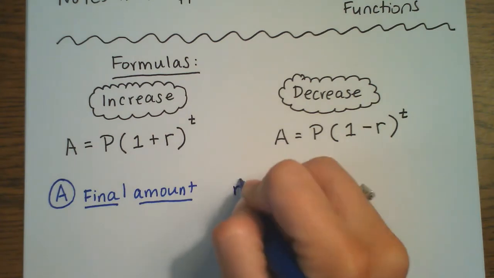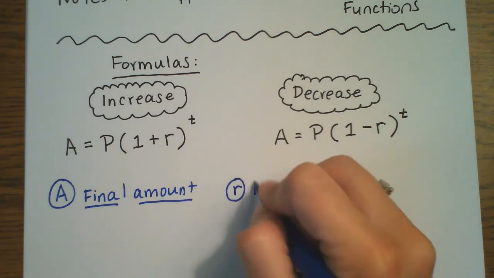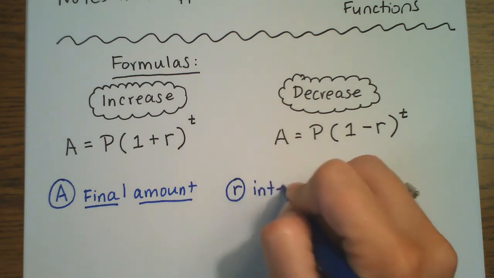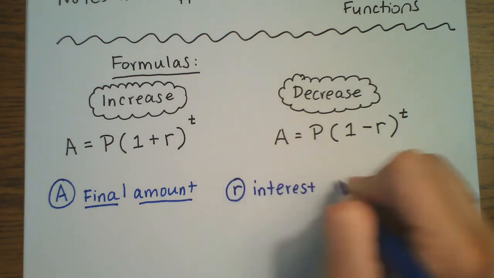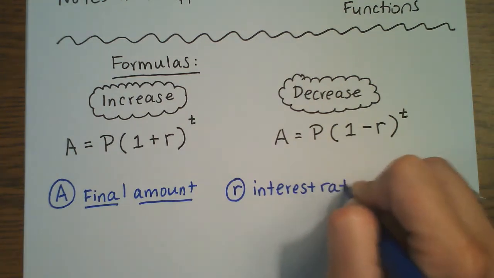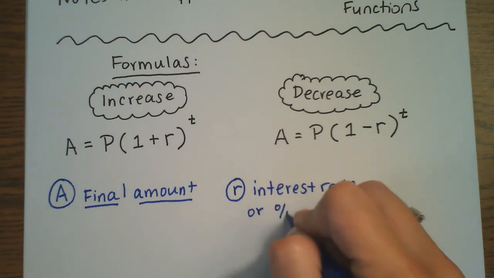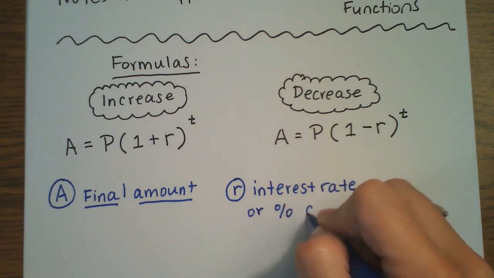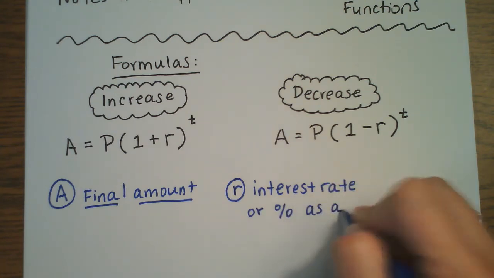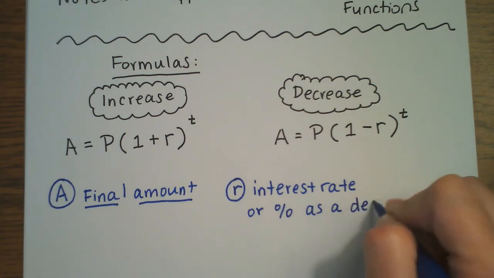R is the interest rate or percent as a decimal.